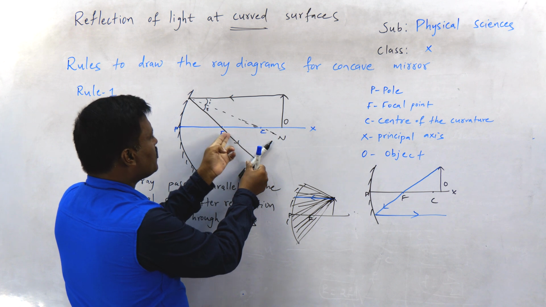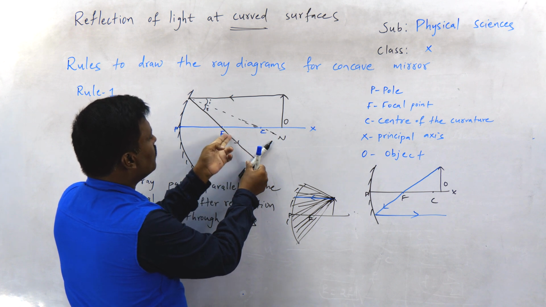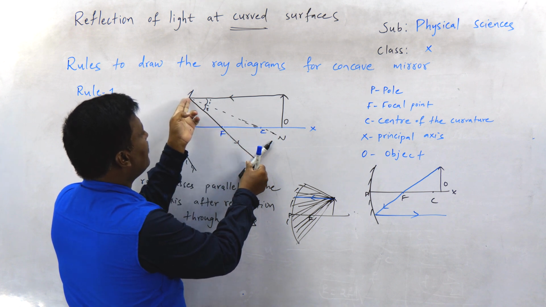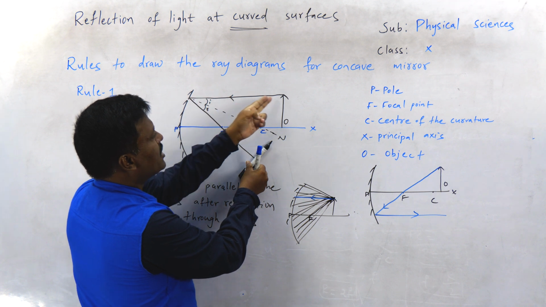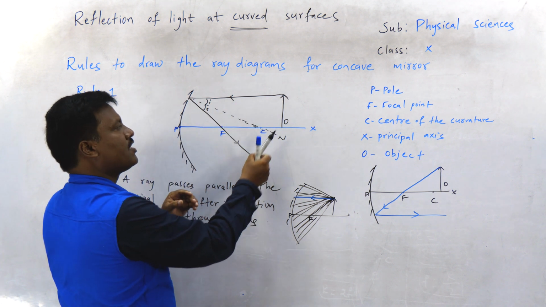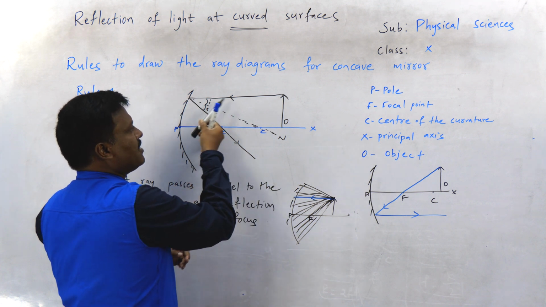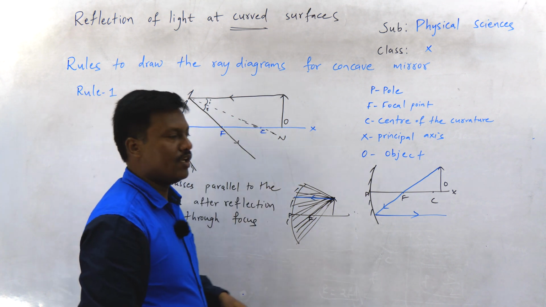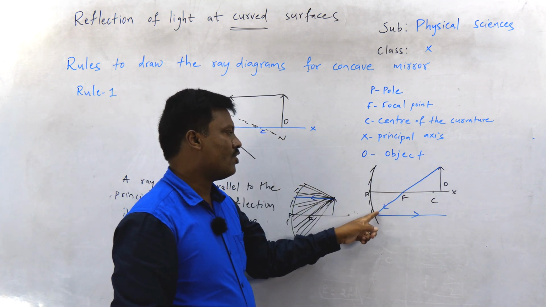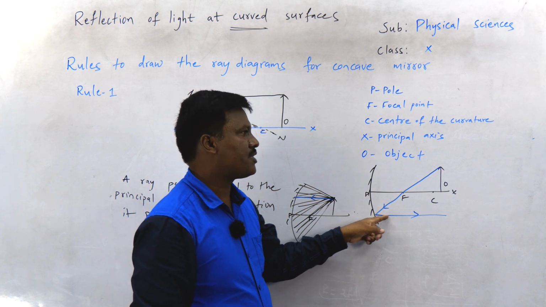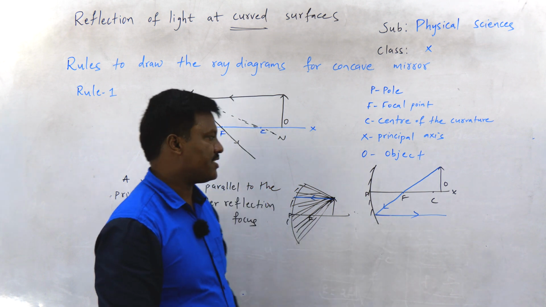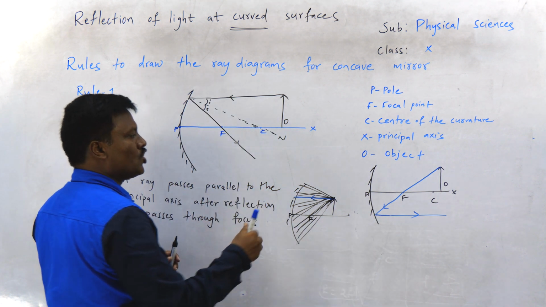Imagine the ray passes through focus; after reflection, what happens? It passes parallel to the principal axis. So what happened in rule number 1? In rule number 2, the reverse phenomenon will happen. Any ray passing through focus, after reflection passes parallel to the principal axis. So this is rule number 2.